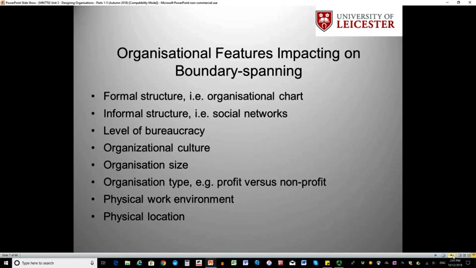So as a company grows, it often fragments into separate divisions, and you often see a decline in the boundary spanning between individuals in different parts of the organisation.